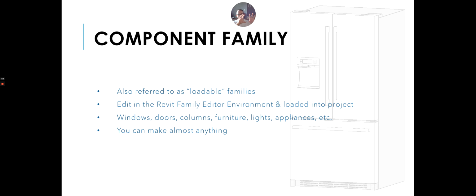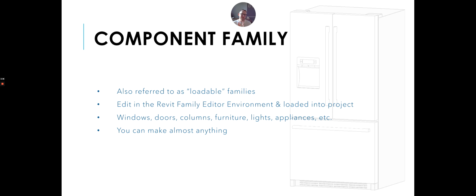And then you take that family from the family editor and you load it into your project. And once it's in your project, you have limited ability to edit the family. And depending on how good you are at making families, you may be able to edit more things or change certain attributes about this family from the project environment.